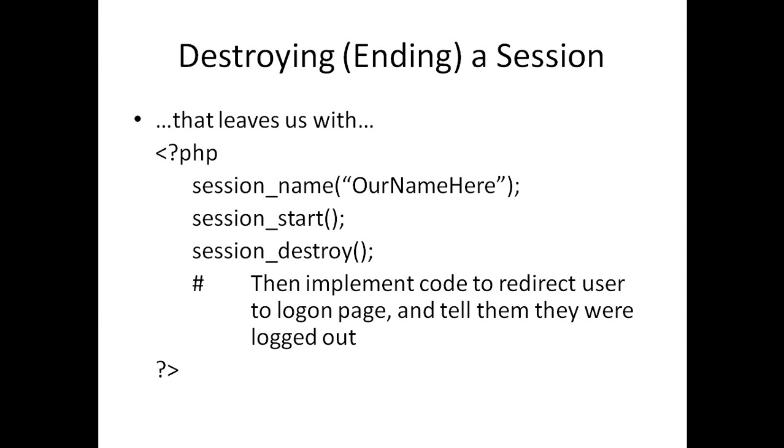I typically use header redirects with the message passed as a variable in the GET request of the header redirect, so in the URL. Another way to do it is to set a global, or set a variable, and then include the logon form, and have that variable get echoed just like I mentioned before.